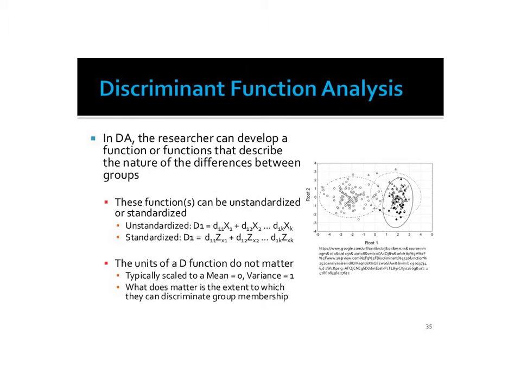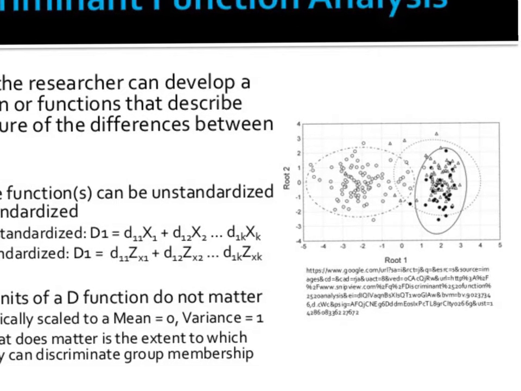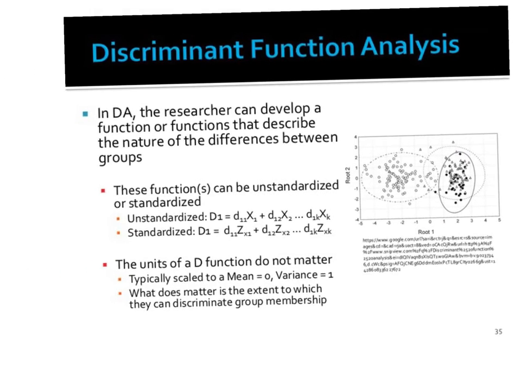In discriminant analysis, the researcher can develop a function or functions that describe the nature of the differences between groups. So you can see here what we're trying to do. We see this one visual of all these groups sort of being paired together, and we're not discriminating very well between the ones that are stars and the ones that are dark circles and diamonds, but we discriminate pretty well between the circles and those groups with this function.